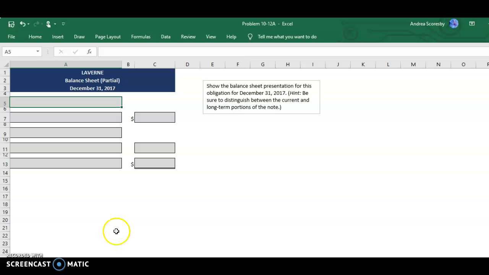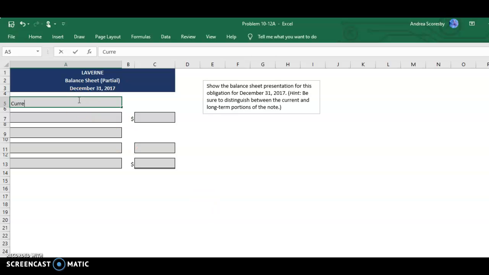So now moving on to part 3, we've been asked to do a balance sheet presentation for this obligation for December 31st, 2017. In the balance sheet, the company reports the reduction in principal for the next year as a current liability.